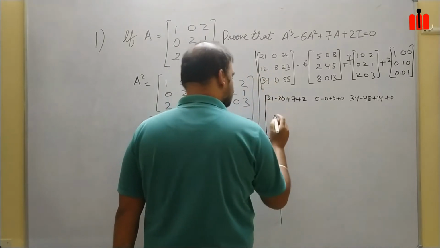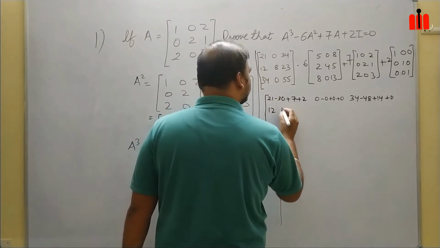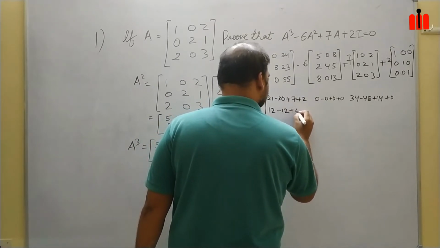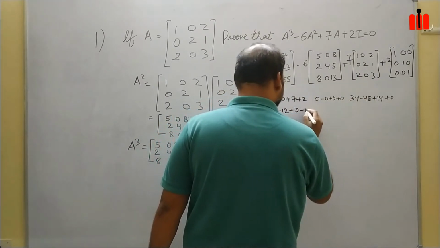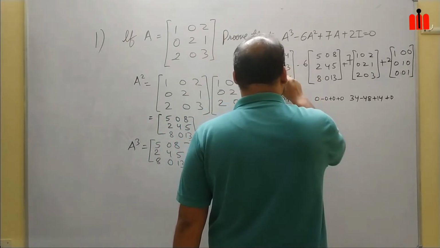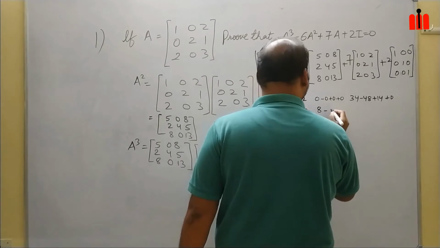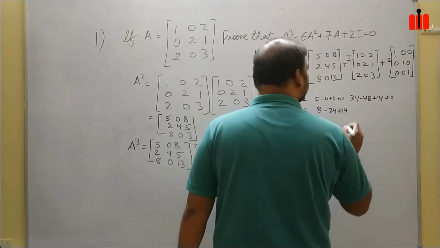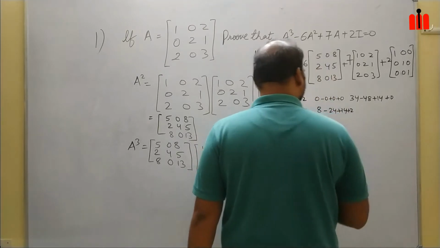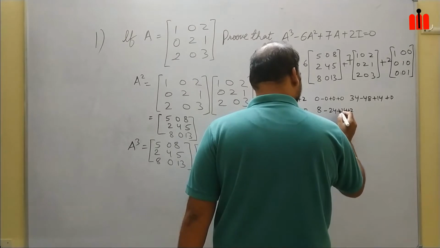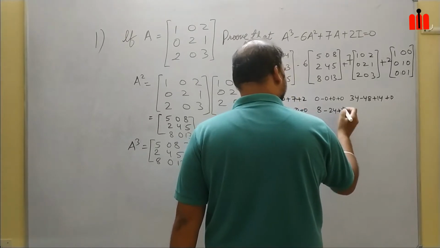Now similarly it is 12 minus 12 plus 0 plus 0. After that here 8 minus 24 plus 14 plus 2.